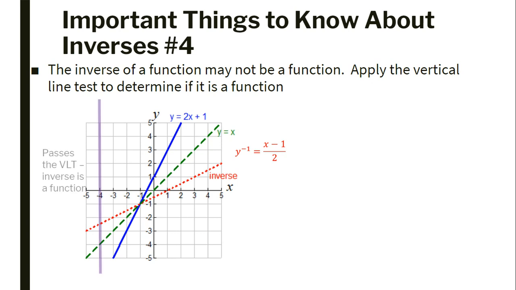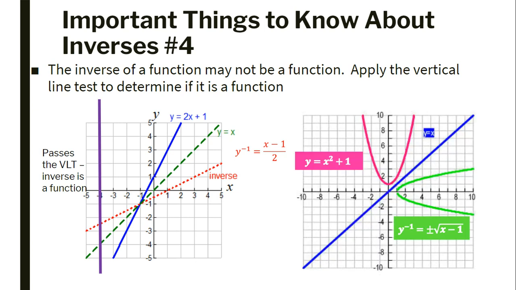I'm going to apply the vertical line test, which means I can draw a vertical line anywhere on this graph, and if it only passes through the graph of the inverse once, then it is a function. Now, if I took this purple line and moved it to the right, it would only pass through the graph of the inverse once, no matter where I put it. That means the inverse definitely is a function.